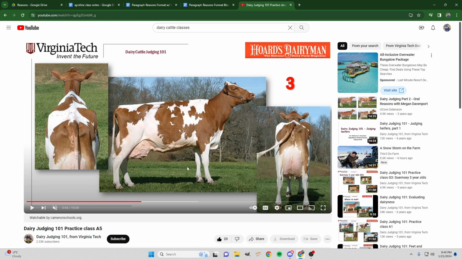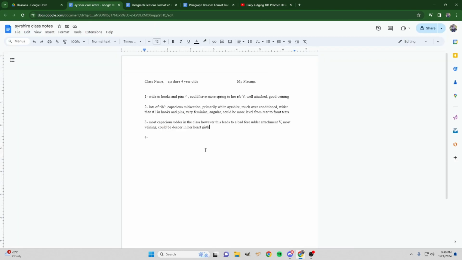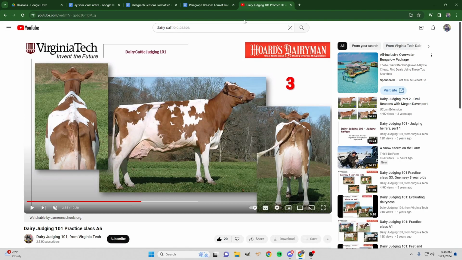That's what I'm talking about whenever we look at that. And then I said she was surprisingly well attached in the rear udder. And that's an up arrow. Up arrows mean good, down arrows mean bad.